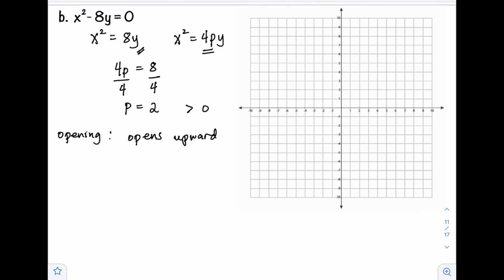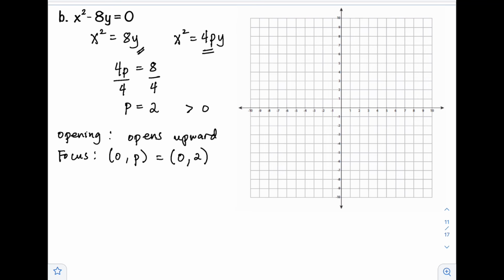Okay? So next, pwede na nating makuha si focus. So ang formula ng ating focus is (0, p), where p is equal to 2. So ang focus natin is makikita kay (0, 2).